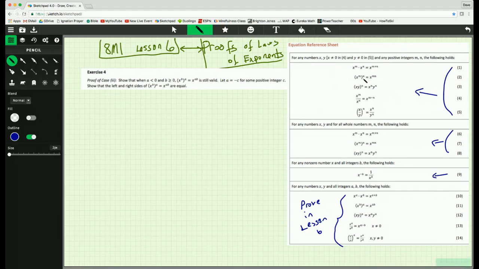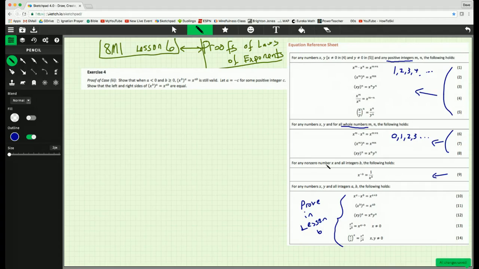Now, notice that all of these rules really only apply with positive integers, whole numbers. And what's the difference? Positive integers are numbers from 1, like 1, 2, 3, 4, dot, dot, dot. Whole numbers are likewise 0, 1, so these are positive numbers and 0, 3, dot, dot, dot.